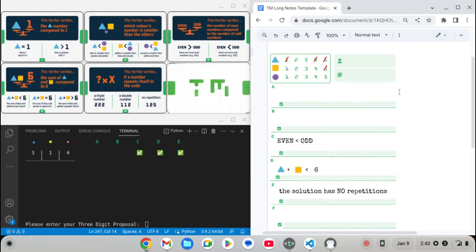So I guess what I'm saying is that yes, I think we can deduce that triangle should be greater than 1.